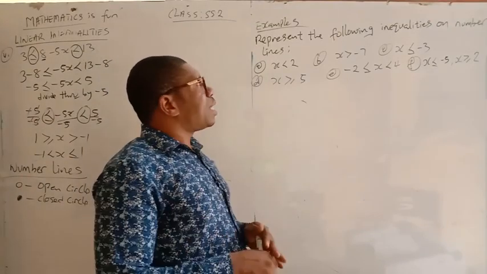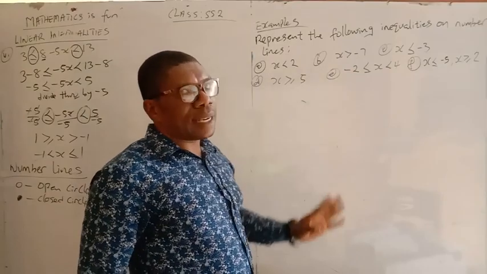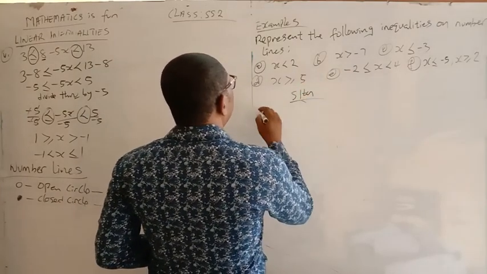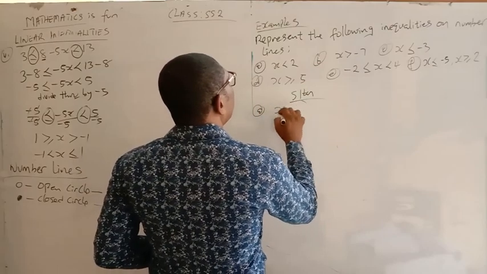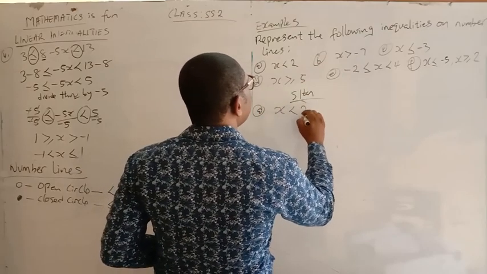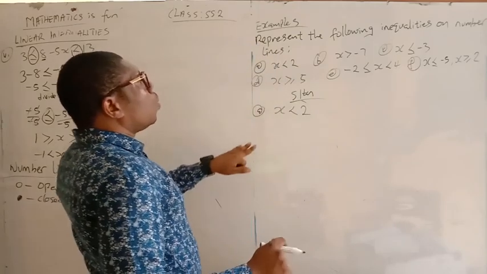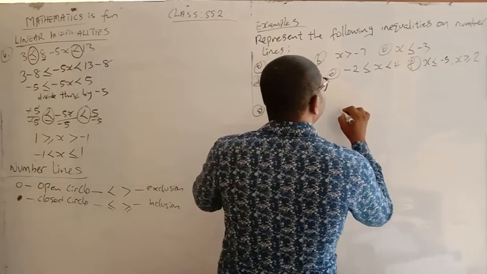We want to represent these inequalities on number lines. When we have x less than 2, what we are saying on the number line is this.